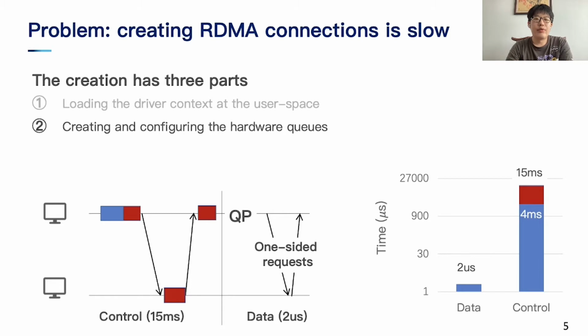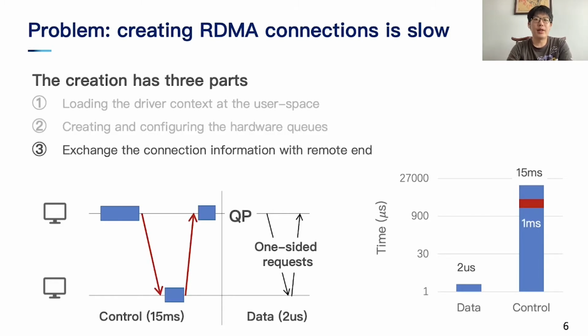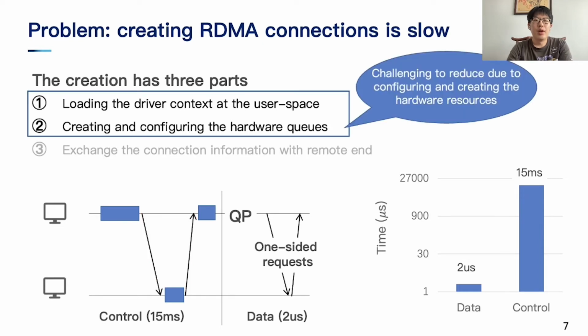This time counts for 4 milliseconds. Note that to allow queue pair connection, different hosts must exchange connection information through the network, which counts up to 1 millisecond. From the above breakdown, we can see that the time is bottlenecked by the first 2 steps.